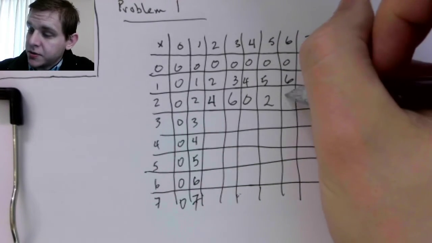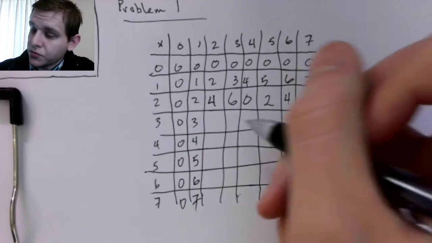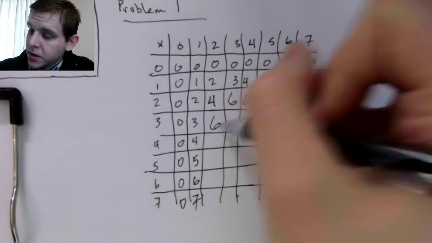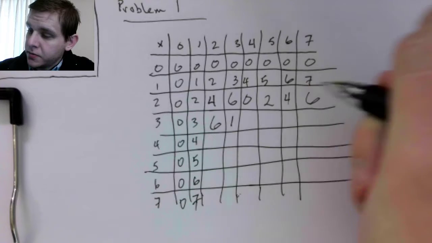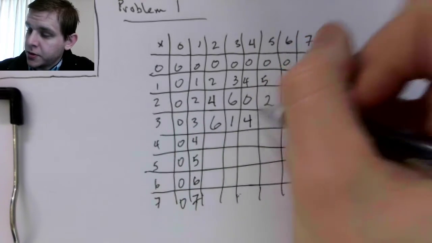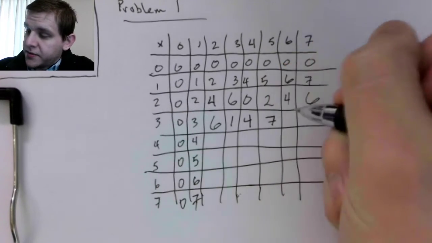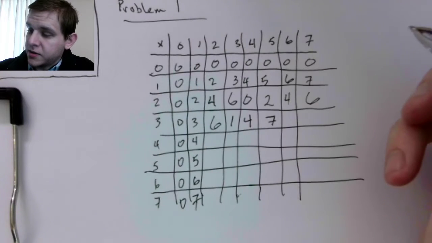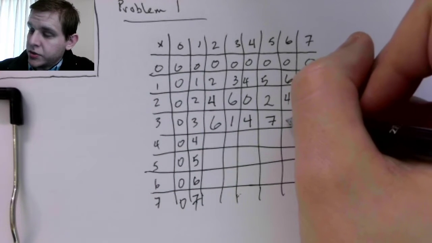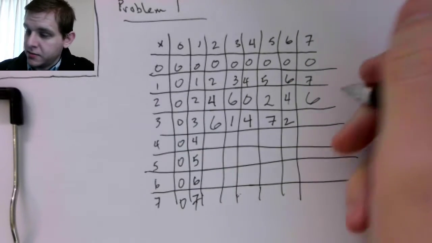6 times 2 is 12, which is 4 as the remainder. 3 times 3 is 9, which is 1. 3 times 4 is 12, which is 4. 3 times 5 is 15, which is 7. 3 times 6 is 18. 18 is 2, because it's 18 minus 2 times 8.